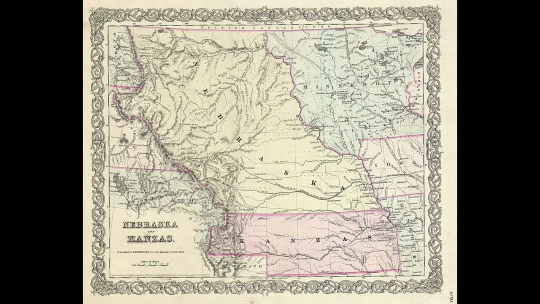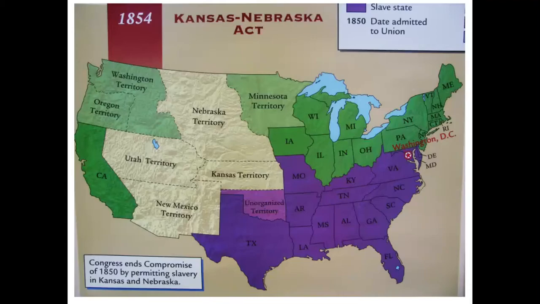So what ends up happening is that of this territory, the first place that's ready to become a state and hold the vote is going to be Kansas. So Kansas is ready to hold a vote, whether it be a slave state or a free state. They're the first one out of all of this area to vote on the issue.